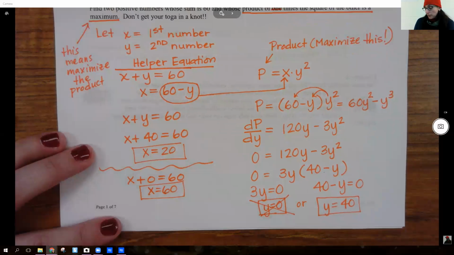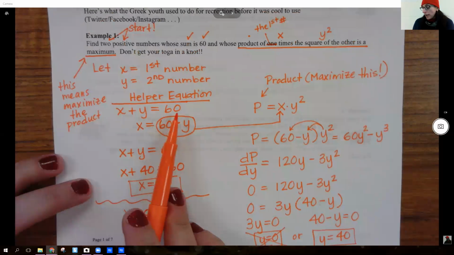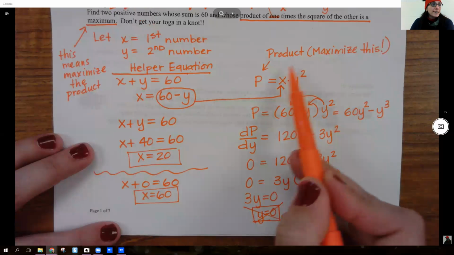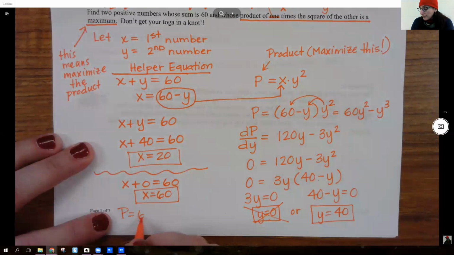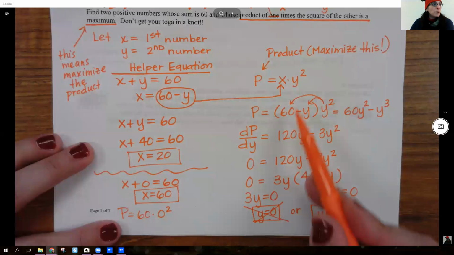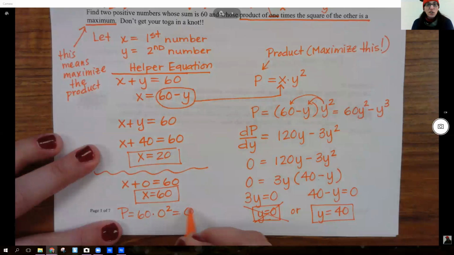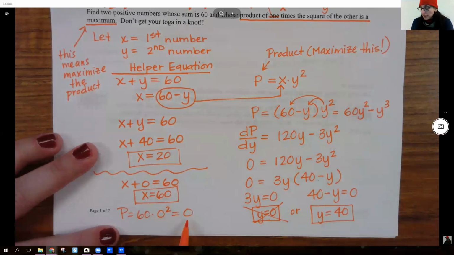Now think about this. Yes, 60 plus 0 does add up to 60. But remember, the product is what we're trying to maximize. So this would be 60 times 0 squared, if I plugged them in up here. And anything times 0 is going to be 0. So if it's 60 and 0, the product will be 0.